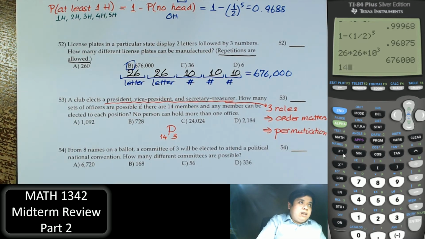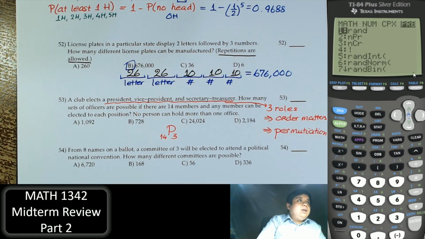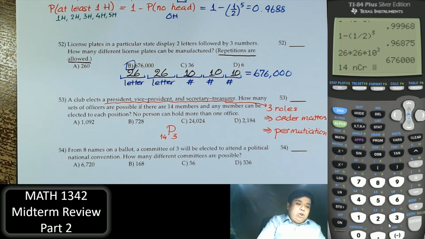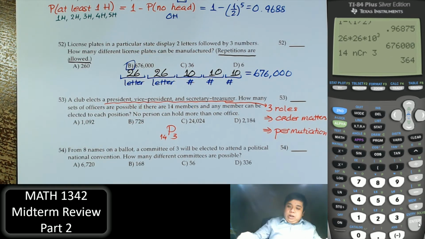So enter 14, math, go to probability, option number 3, and we choose 3.